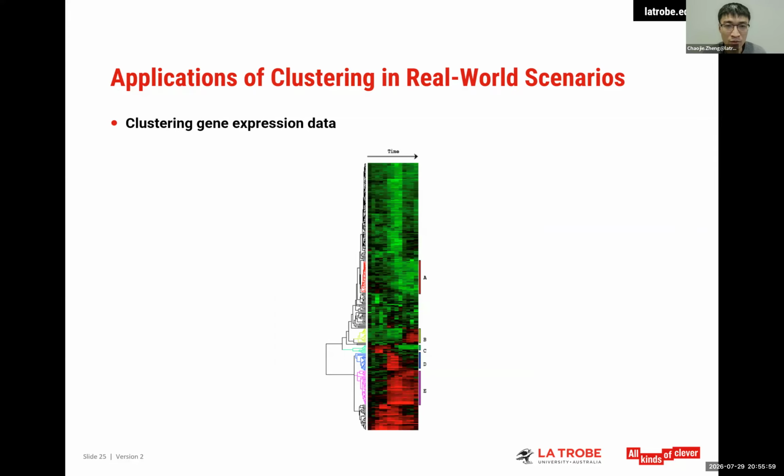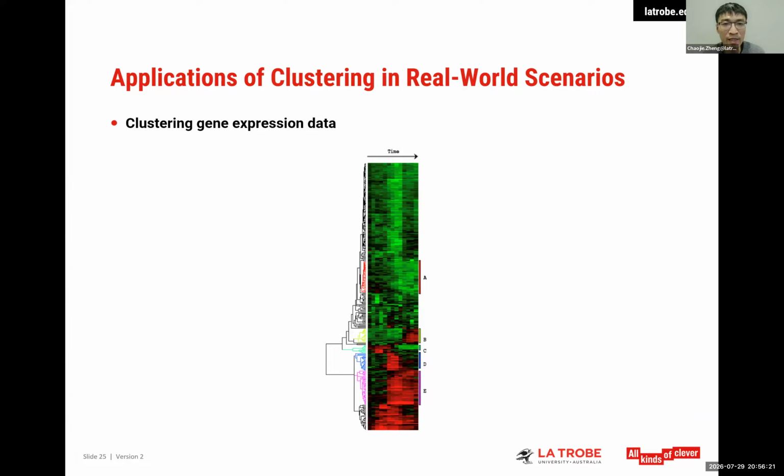And we can also do some scientific statistical analysis using the clustering method. For gene expression data, there are more than 20K genes, and we can use a clustering method to cluster them into different groups.